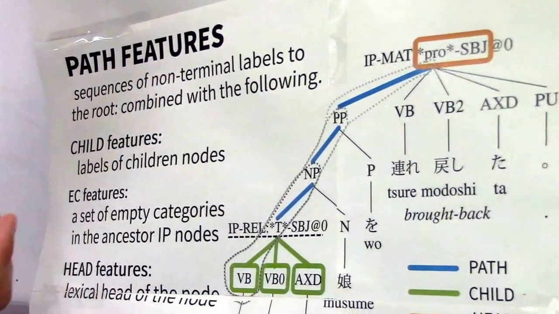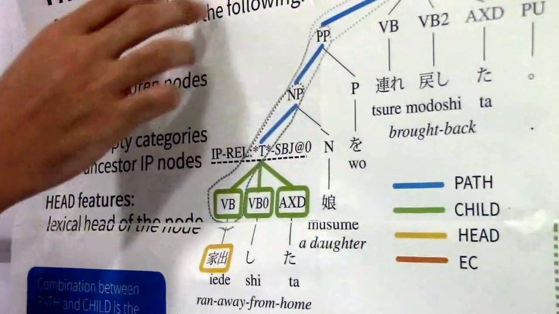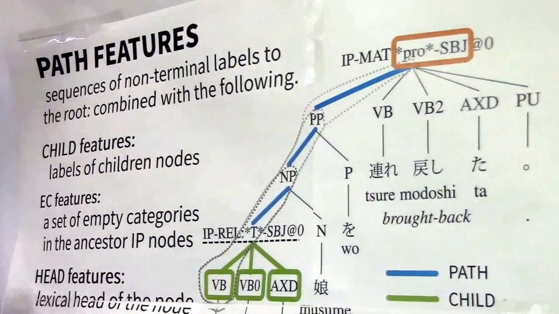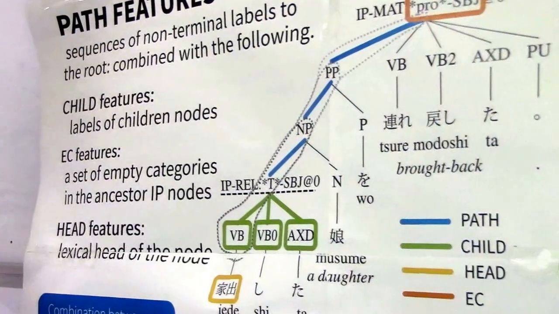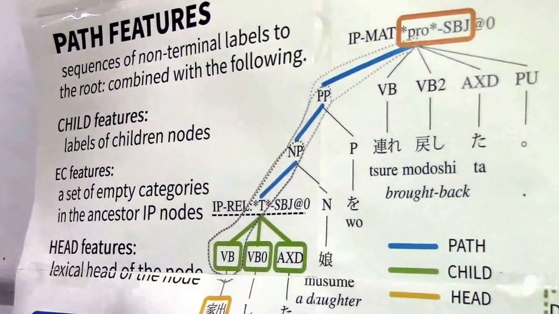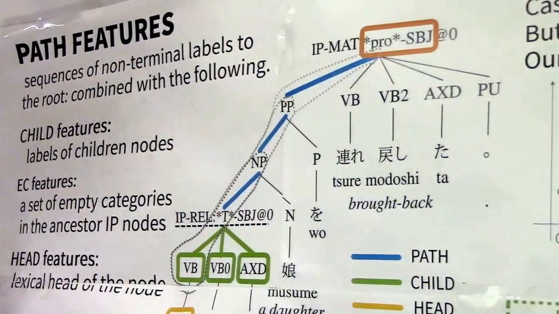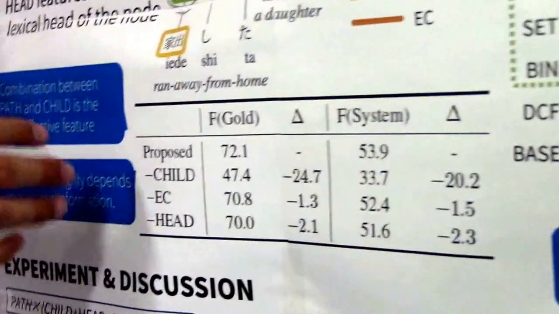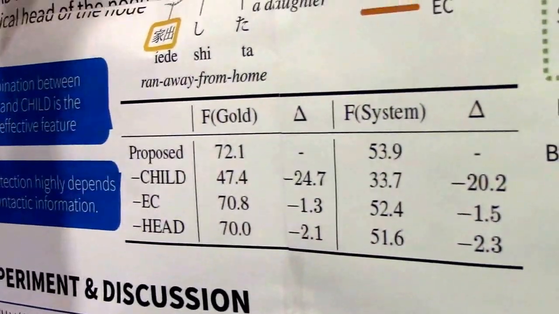We get the power combination of path features and child features. So we can get informative structure features. This is a result of our ablation test on the path features and the combination of path features and these three features.